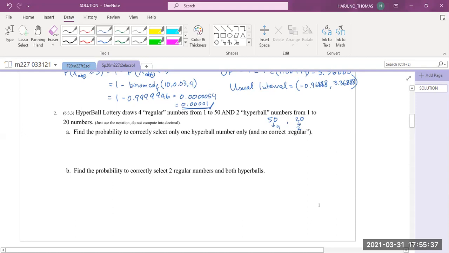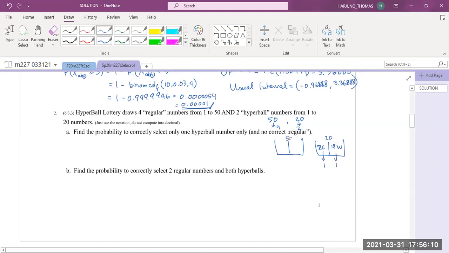Okay, now part A, find the probability of correctly selecting one hyperbole number only. So of these 20 here, there are 2 correct hyperbole, you select only one of them correct. The other hyperbole is wrong, you need to select one from those 18 wrong ones.